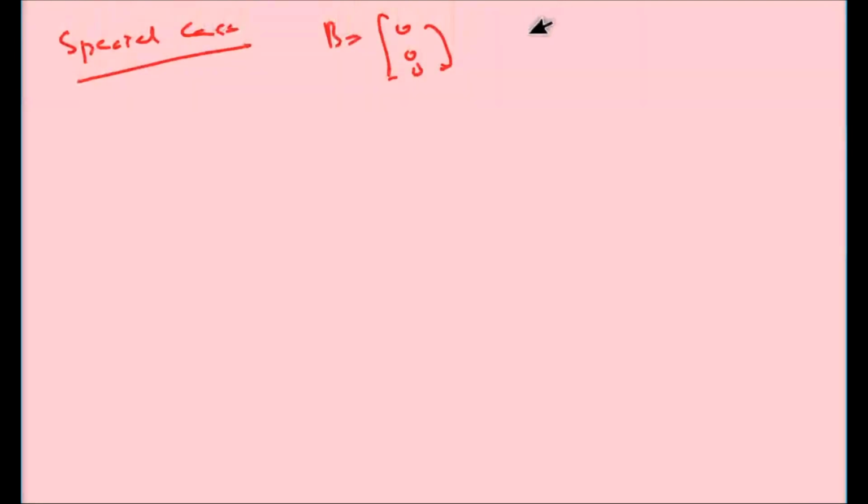Here, a special case: if B equal to 0, 0, 0, then the equations are homogeneous.